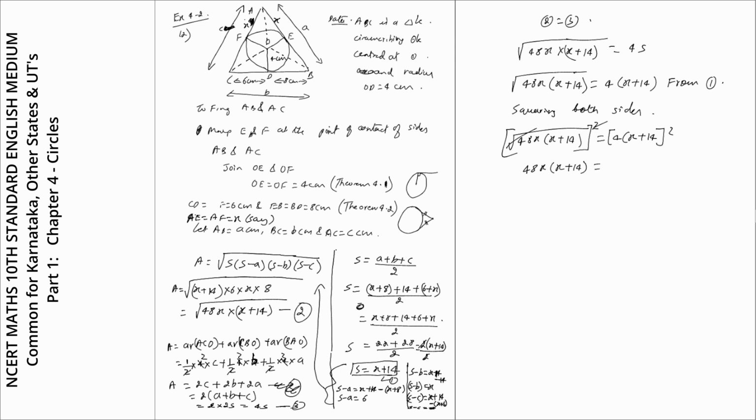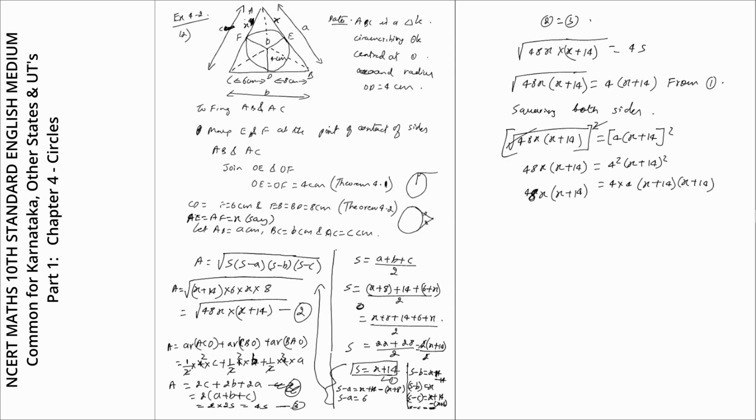On the right hand side, if I expand this, I'll get 4 square into (x plus 14) the whole square. So 4 square is 4 into 4, and this is (x plus 14) into (x plus 14). On the left hand side, 48x into (x plus 14) is left.